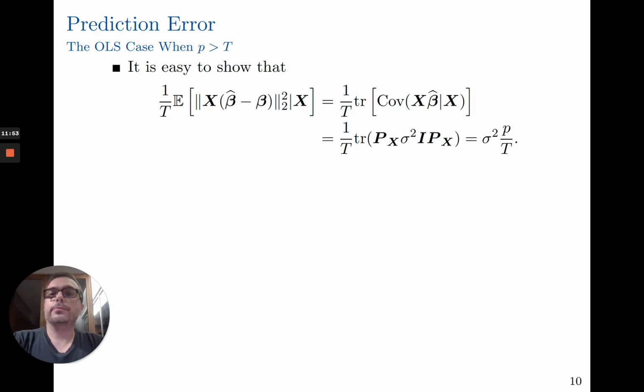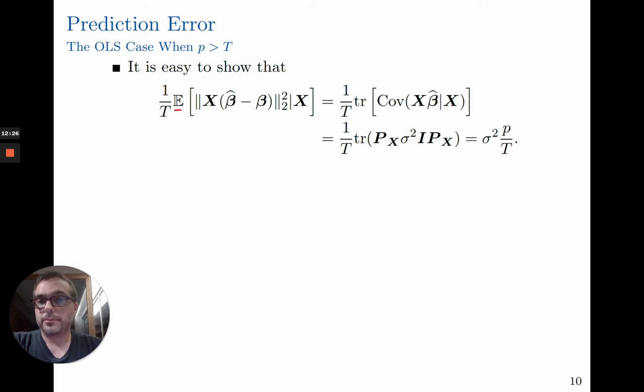All right, so in the OLS case, it's pretty easy to show that 1 over t times the expectation of the squared L2 norm, conditional on x, okay, this will be equal to 1 over t times the trace of the covariance of x beta hat given x.